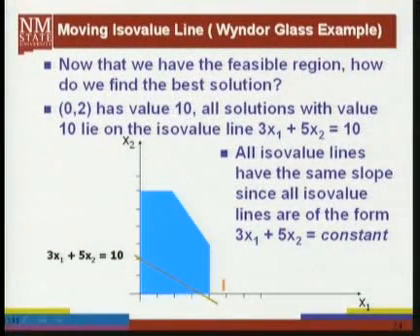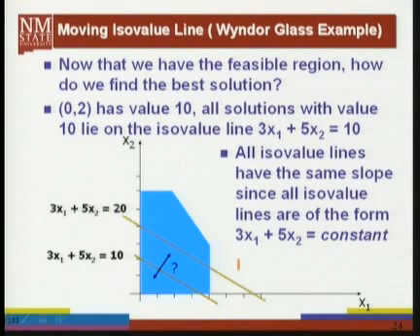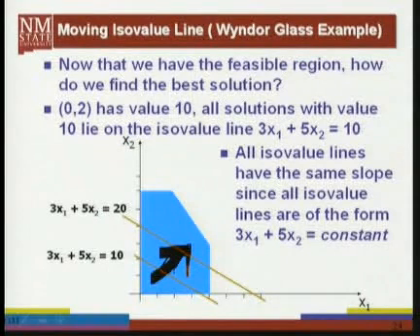And all the isovalue lines have the same slope, right? So once we have drawn one isovalue line, we can find all other isovalue lines by moving parallel to the isovalue line we have drawn. And in this problem, the objective function z will increase if we move in a direction for which both x1 and x2 increase, right?